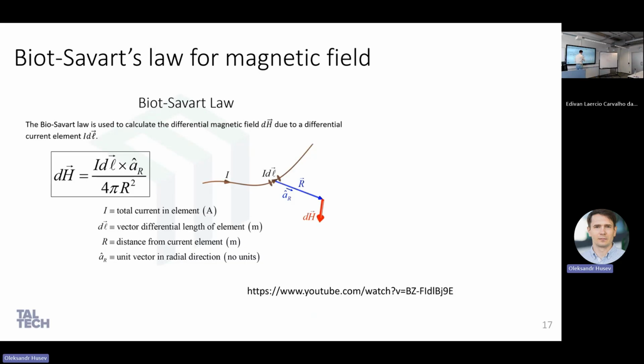Each particle of your conductor creates a magnetic field in all the environment, defined by this law. The further you locate the point, the lower this magnetic field. And if you want to calculate the magnetic field at this point created by the total wire, you must integrate.